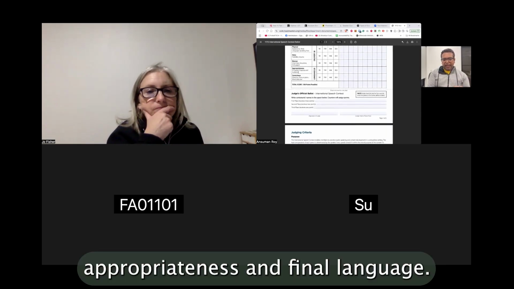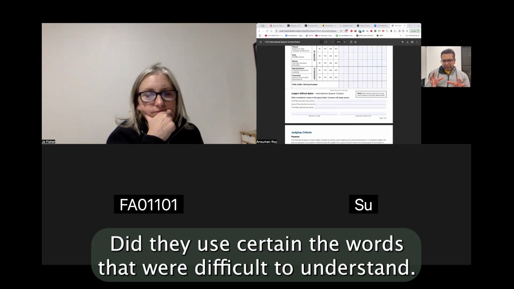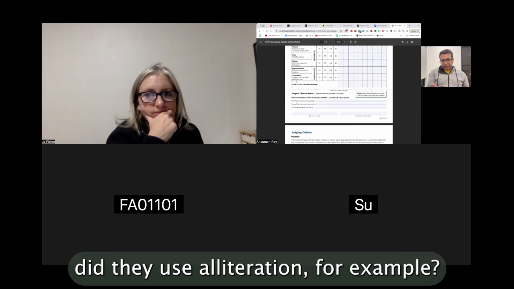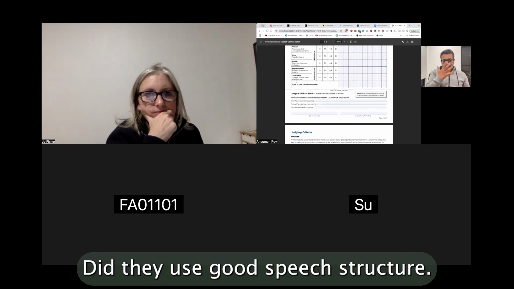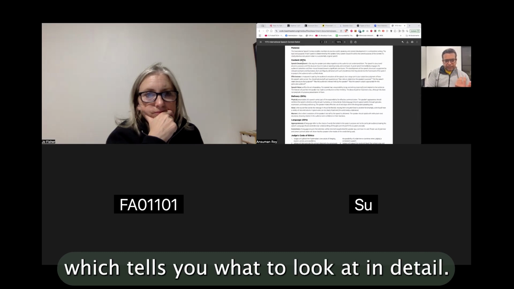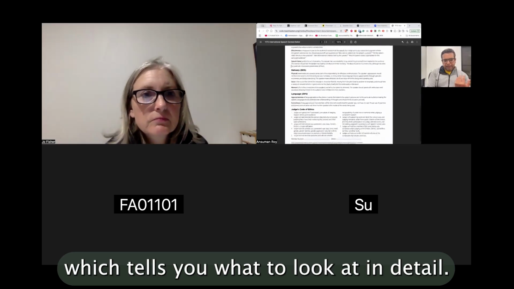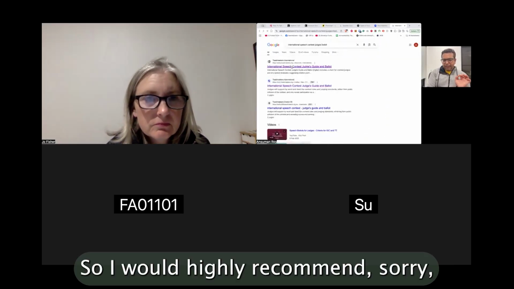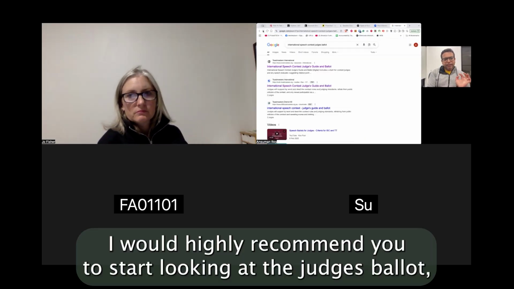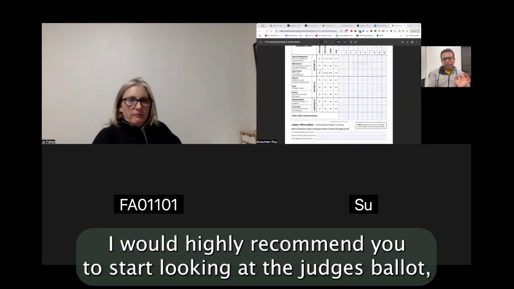And finally language. Did they use words that were difficult to understand? Did they use good grammar? Did they use alliteration, for example? Did they use good speech structure? And you can go to the other page which tells you what to look at in detail. So I would highly recommend you start looking at the judges ballot.